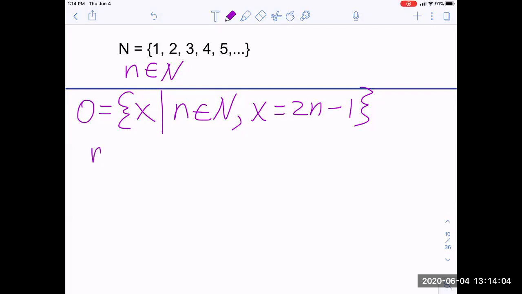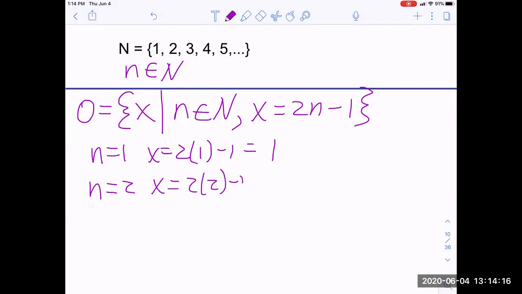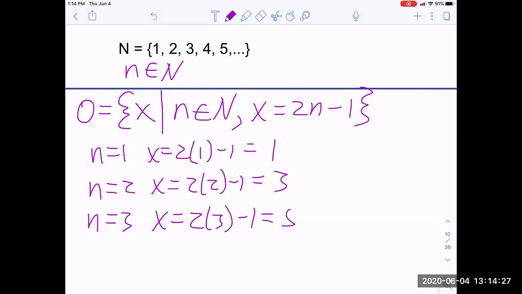So watch this. When n is 1, X is 2 times 1 subtract 1 is 1. When n is 2, X is 2 times 2 subtract 1 is 4, subtract 1 is 3. When n is 3, X is 2 times 3 subtract 1 is 5.